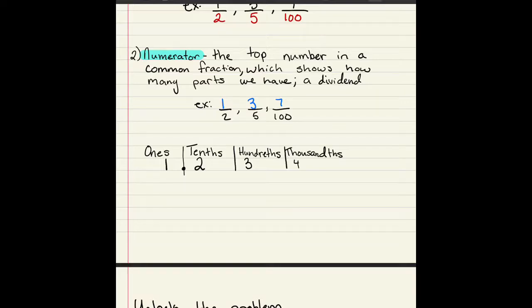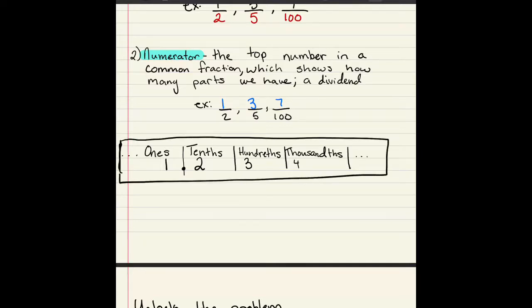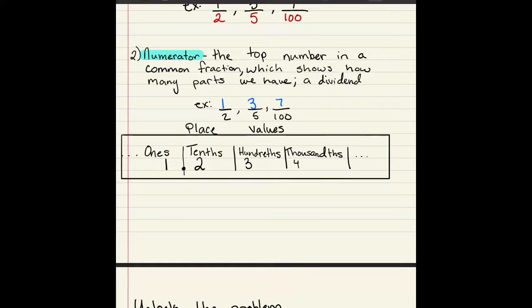And so on and so forth, it keeps going this way. On this side, next would be the tens place value. So this is our place value, which is important for changing our decimals into fractions.